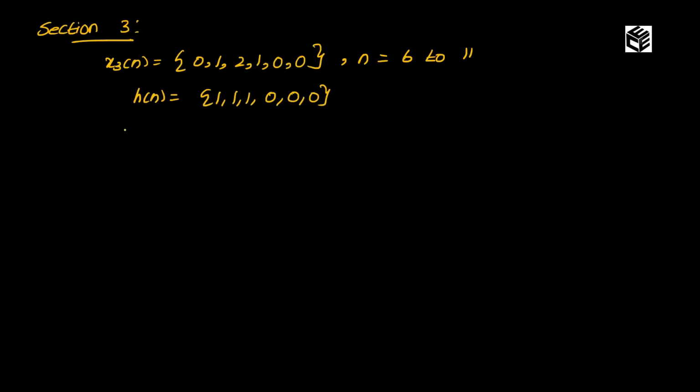I'm going to perform circular convolution for the third section. The output will be y3 of n is equal to x3 of n circular convolution of h of n, and the value of n starts from 6 to 11.